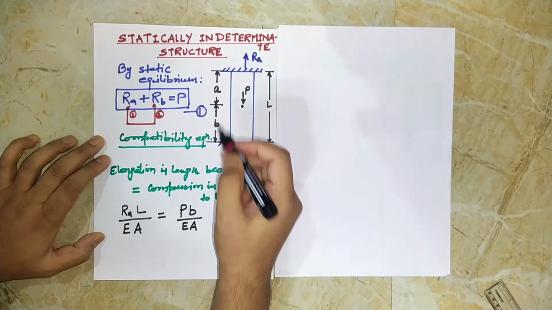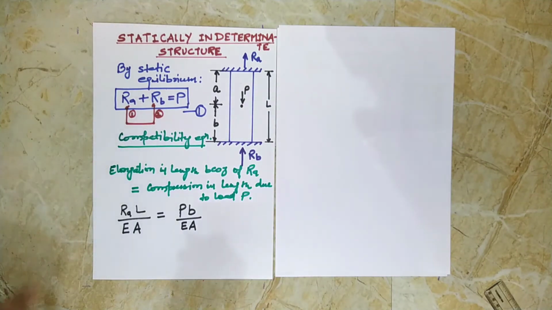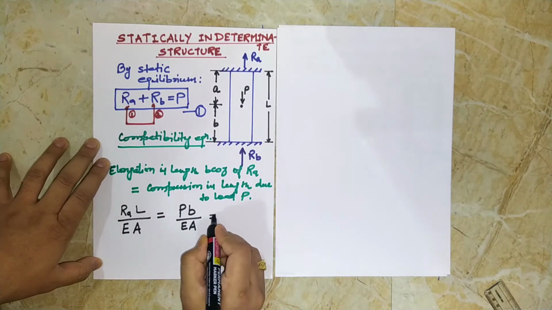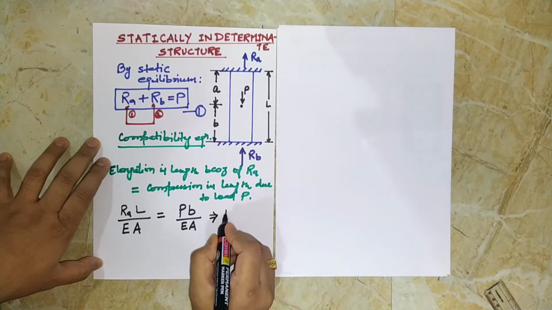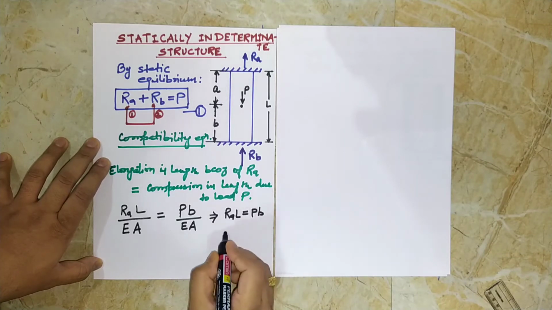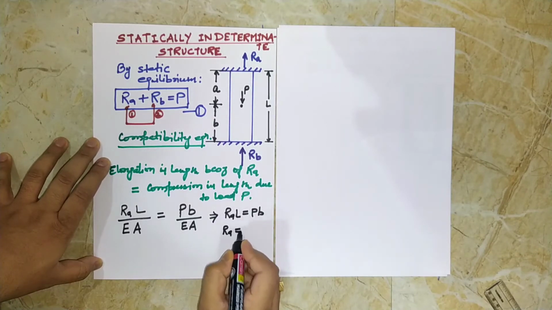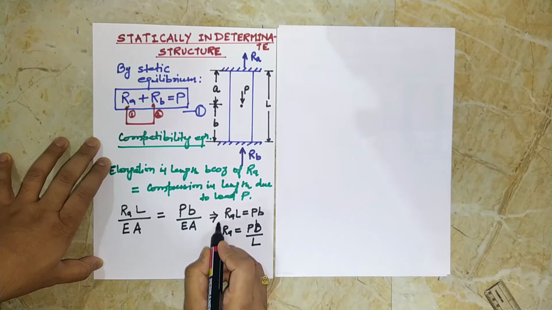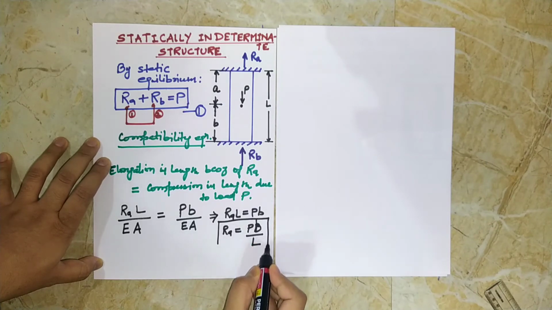Since it is a prismatic bar with uniform cross section, we take the area of cross section as the same. From here we can derive that RA into L is equal to PB, and RA will be equal to PB upon L.